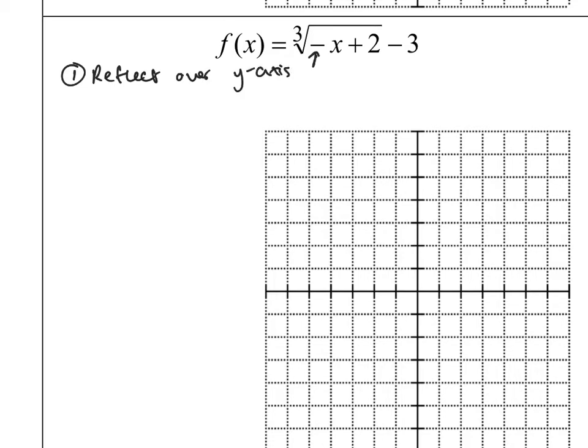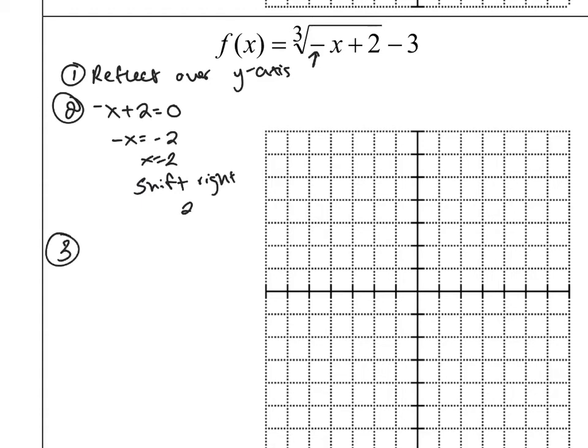Okay, and then the second part, we want to find the horizontal shift, so we take what's inside the cube root, set it equal to 0, and then just solve. So x is 2, which means we'll shift right 2. And then last part, we have this minus 3, so that means we're going to shift down 3 units.